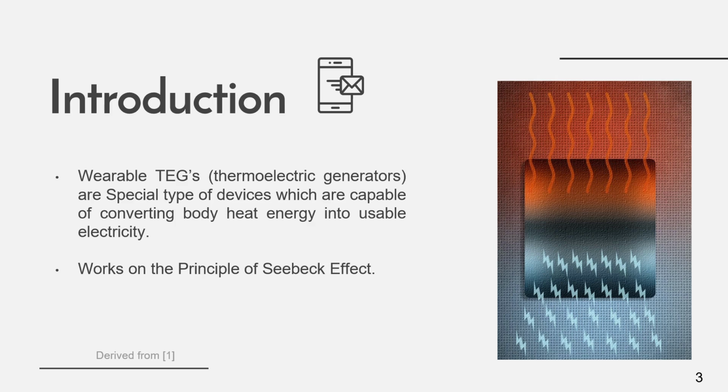In a diesel generator we have a moving mechanical system which converts the heat energy into mechanical energy and thus to electrical energy, but in contrast, thermoelectric generators are capable of converting the heat energy supplied directly into electrical energy without any moving mechanical parts. And this works on the principle of what is called the Seebeck effect, and more details on the Seebeck effect will be discussed in the coming slides.